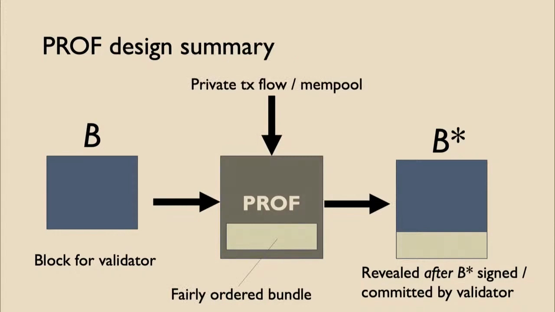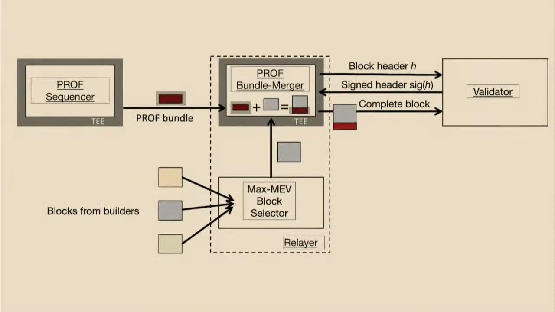All right, so this is the logical design of Prof. Let me go into a little bit of the actual physical design. So we separated this Prof entity into two separate entities. One is the Prof sequencer that you see on the top left, and the other is the Prof bundle merger. The Prof sequencer basically abstracts out the part of forming the transaction bundle from the transactions.